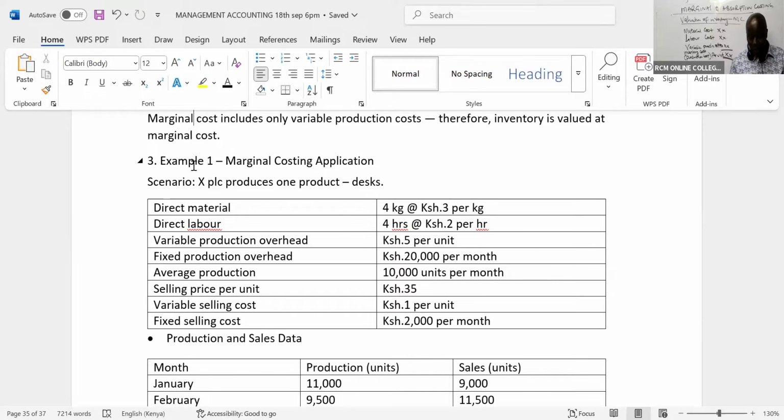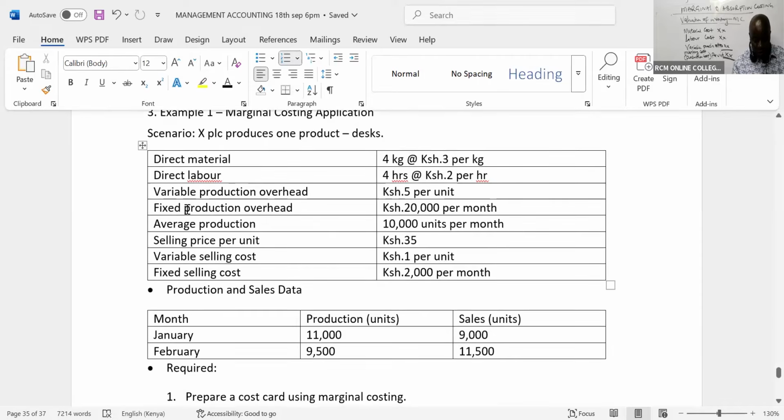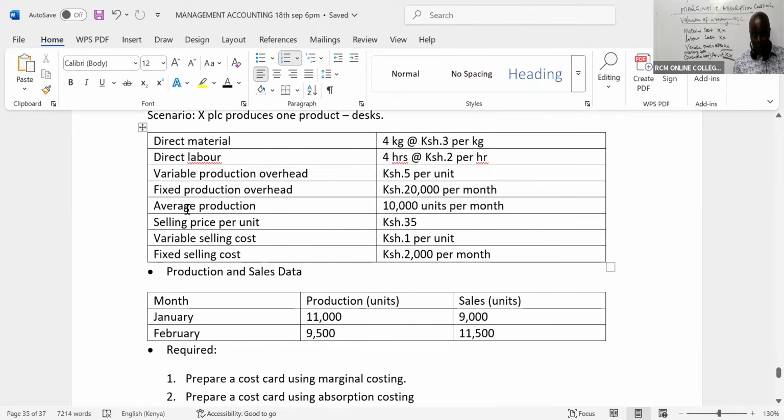Then we have variable production overhead, fixed production overhead, average production, selling price per unit, variable selling cost, and fixed selling cost of 2,000. Then you can see the quantities for the month of January.